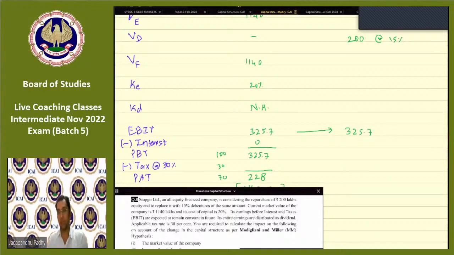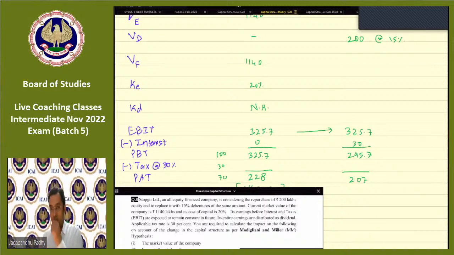So 200 into 15%, interest will work out to be 30. If this is 30, profit before tax will be 295.7. And after payment of taxes, PAT will be 207.